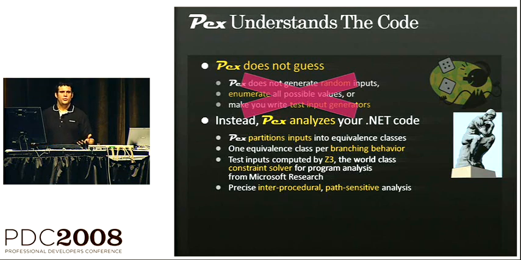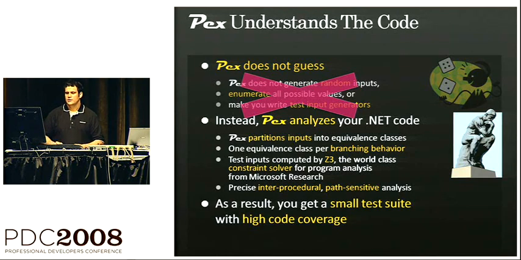And it analyzes your whole program, many functions at once, and it's looking at individual execution paths. So it's very precise. So as a result, you get a small test suite because PEX only emits a new test case to you if it increases coverage. You have seen that in the coverage graph. The white lines, you only get a new test case when it bumps up coverage. And the test suite has high code coverage because PEX looks at all the branches in the code.